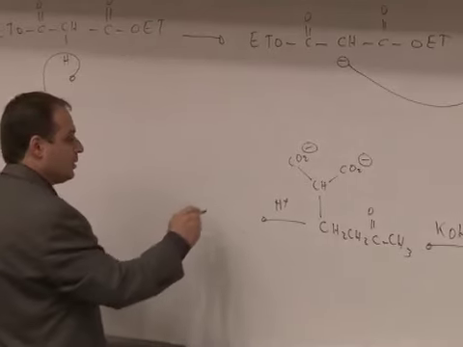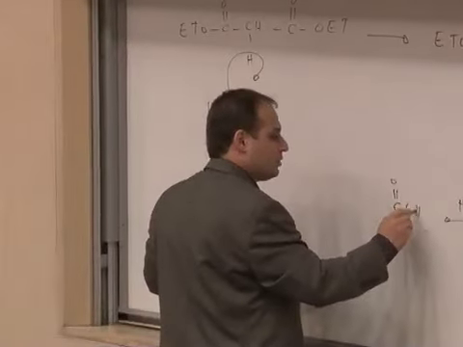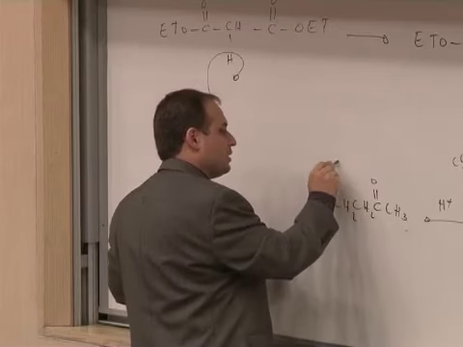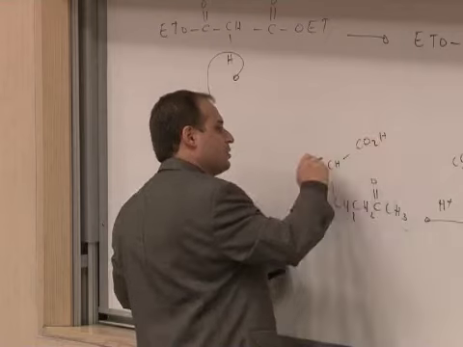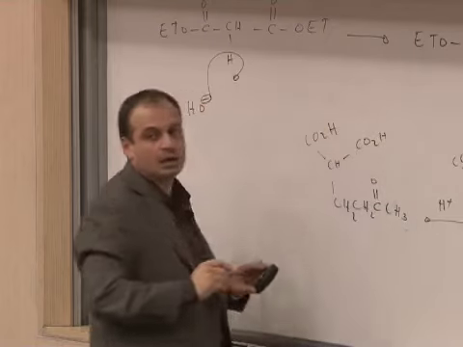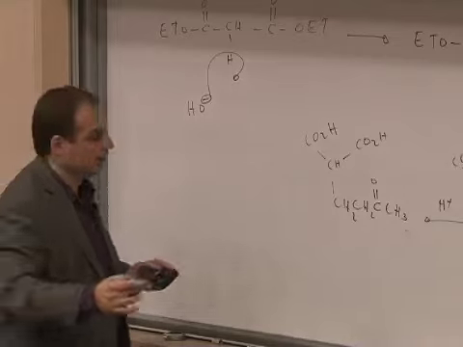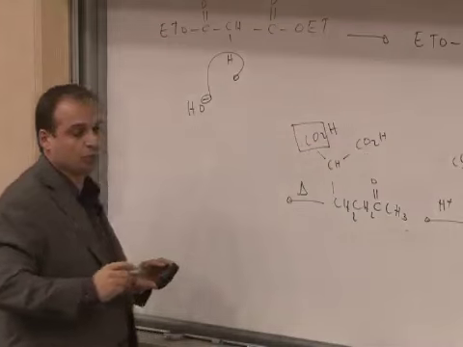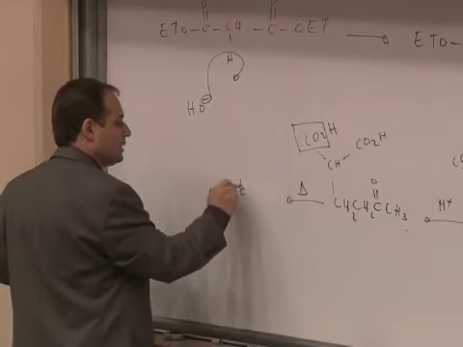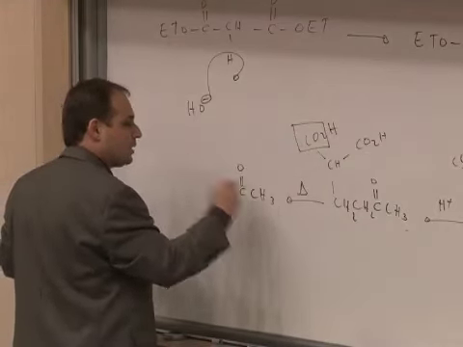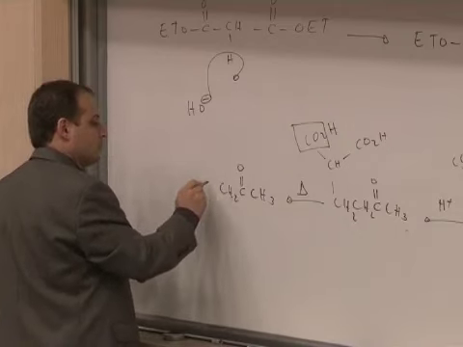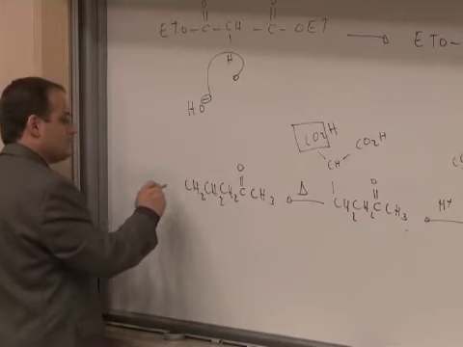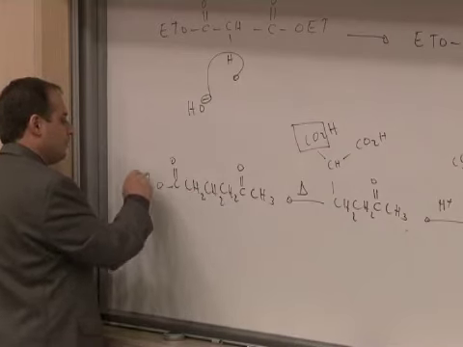then H plus, you're going to get CH3, CH2, CH2, CH, CO2H, CO2H. And if you heat up, you will get rid of one CO2 group, and your product is C double bond O, CH3, CH2, CH2, CH2, C double bond O, OH.